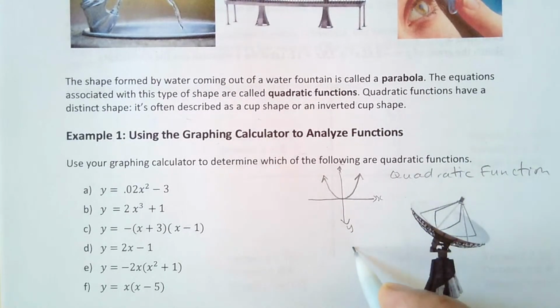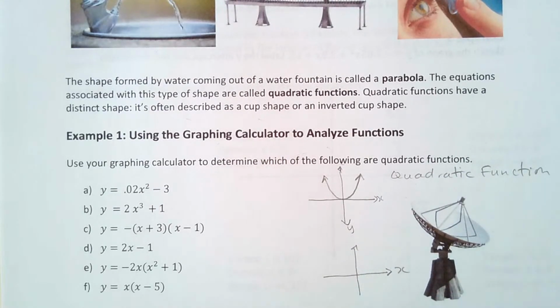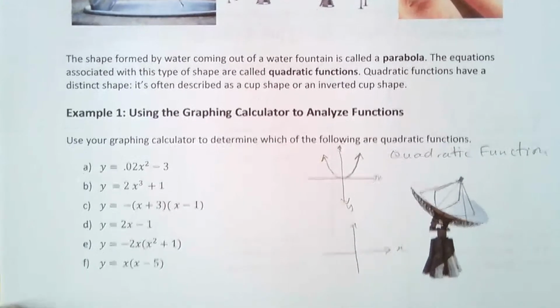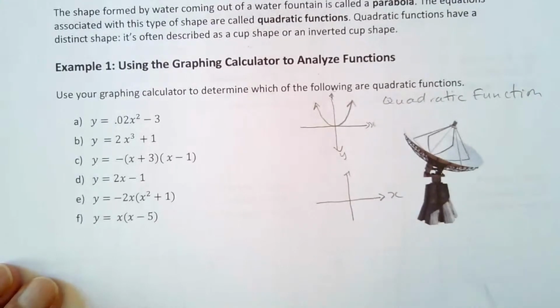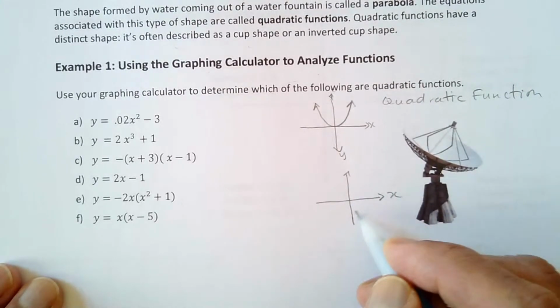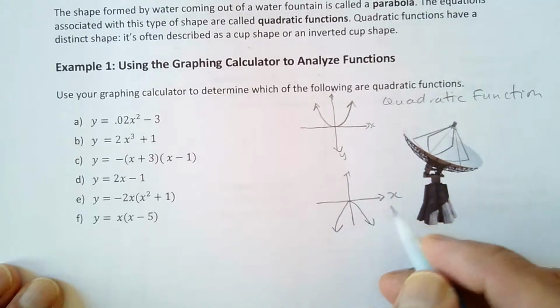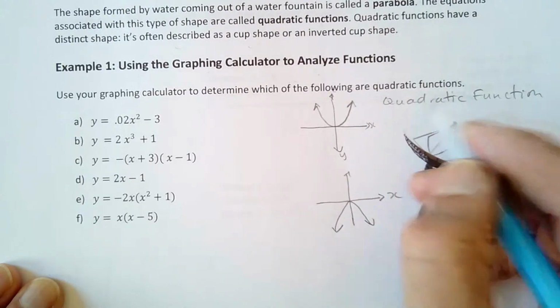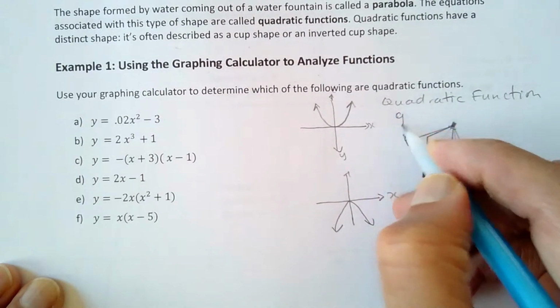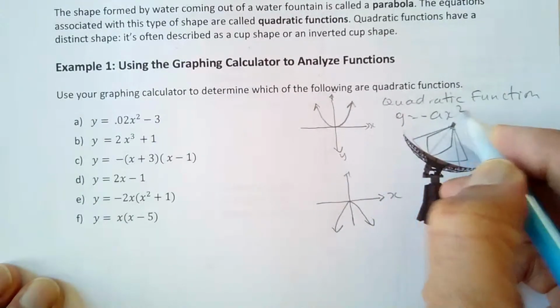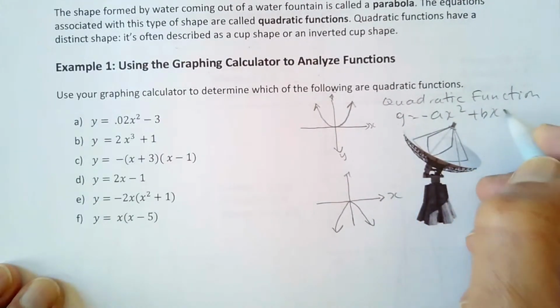Also, it could be going downwards. So it doesn't have to be always going up, it could be going down. So these are examples. In this case here, it's y equal to minus ax squared plus bx plus c.